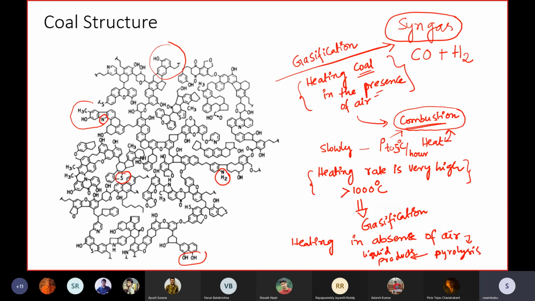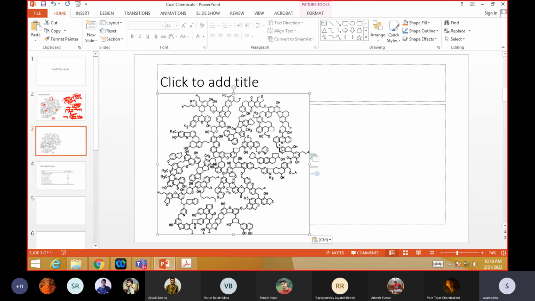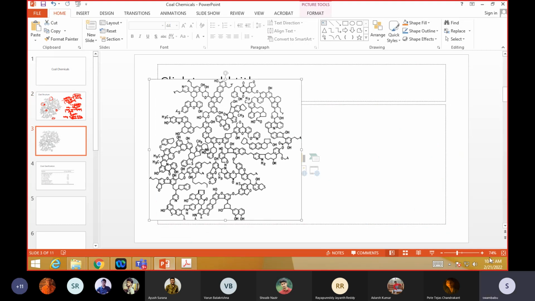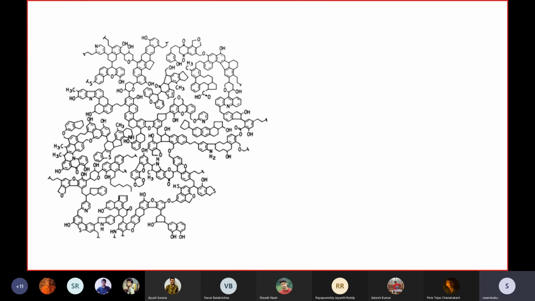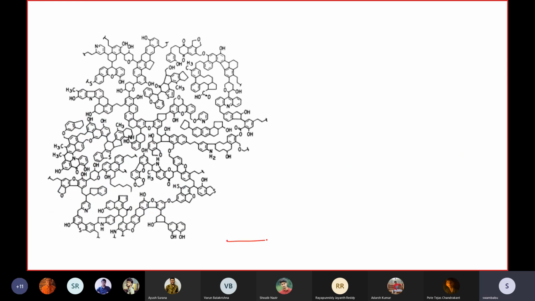So, if you take this coal and heat it, what happens? Let's say you are doing rapid heating.